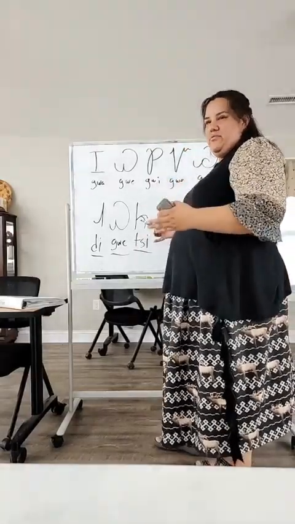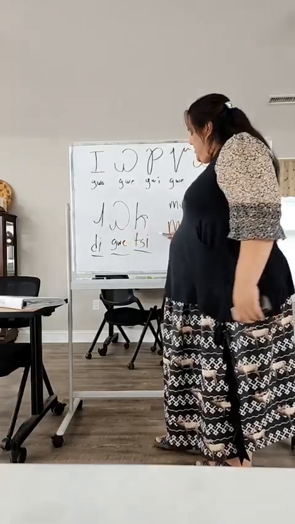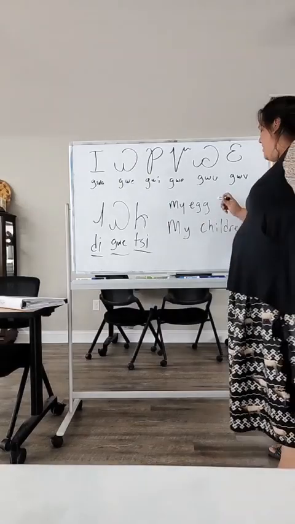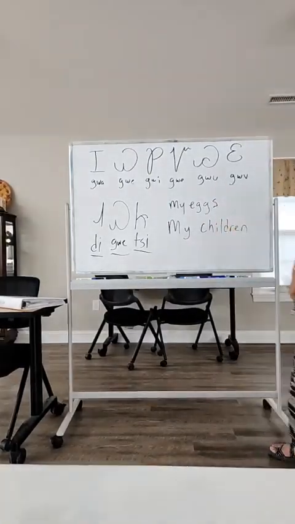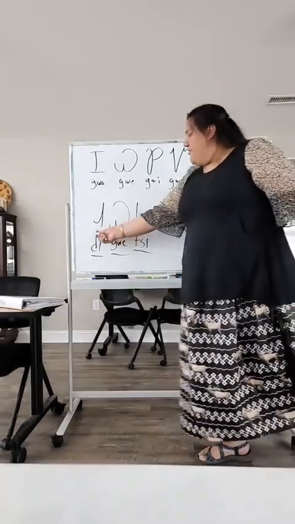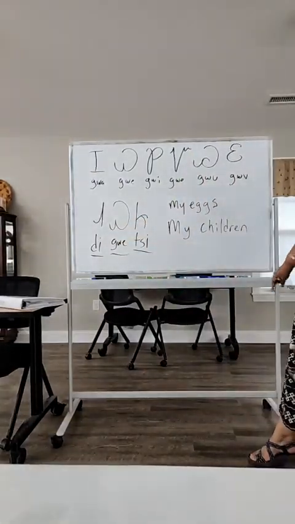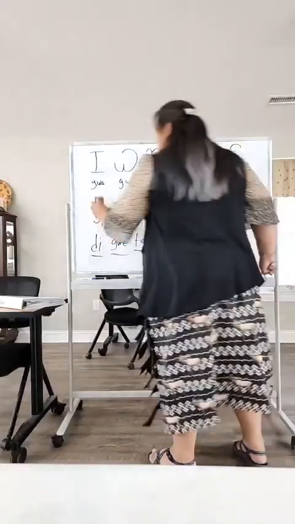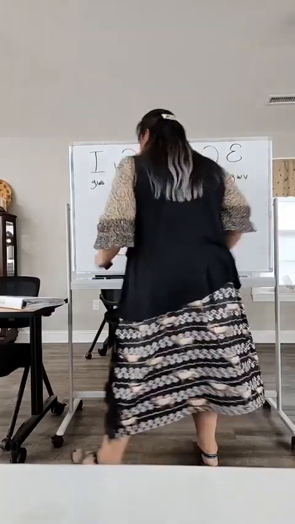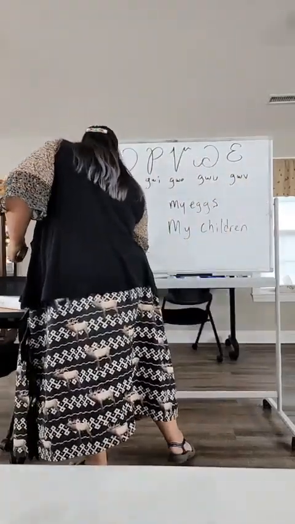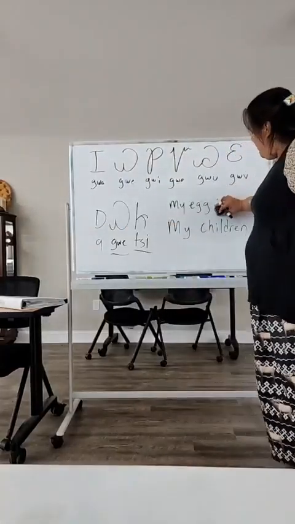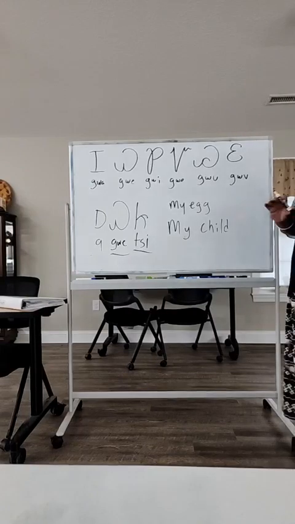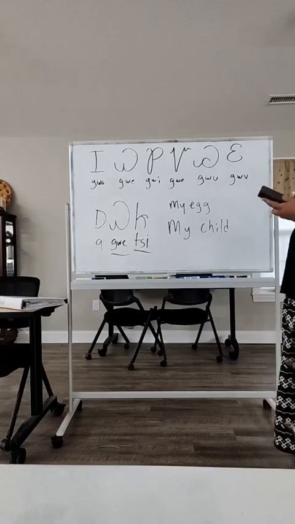It's almost the root of it. But the weight Z, we're talking about my children, for the most part. It can be my eggs or my children. But that plural marker's on there, right? So we know that it's eggs or children, right? We take that D off and it turns into my egg or my child. You got all that?